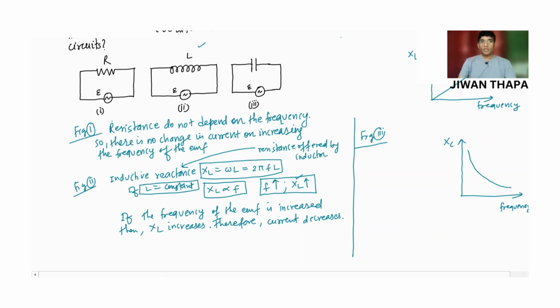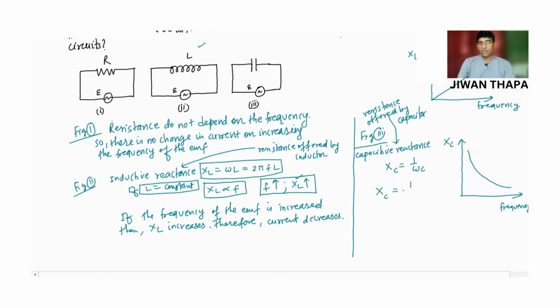Now we know capacitive reactance XC equals 1 by omega C, and this capacitive reactance represents the resistance offered by capacitor. So we have this.